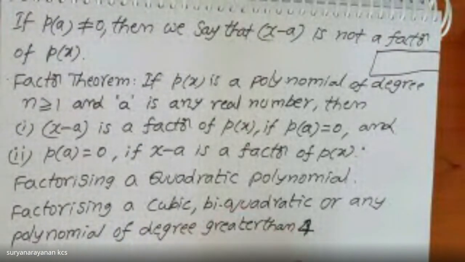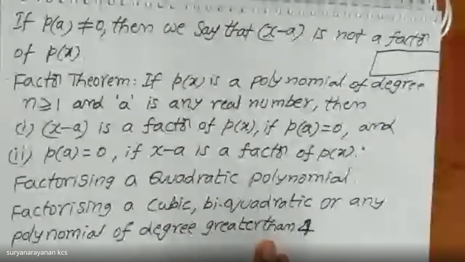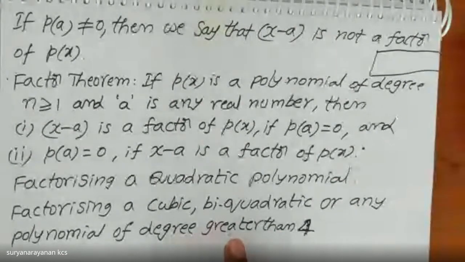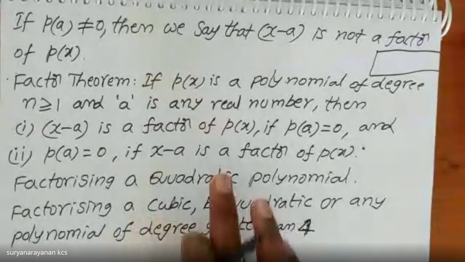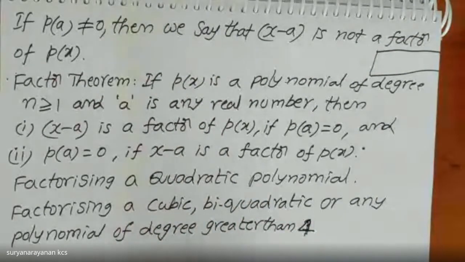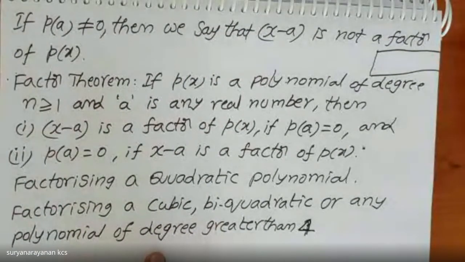In higher classes, you may learn. That is not an important point here. Names of the polynomials whose degrees are greater than 4 are not important. Up to here, just learn this terminology: linear, quadratic, cubic, and biquadratic. Okay. Now, in these two cases, we are going to find factorizing.